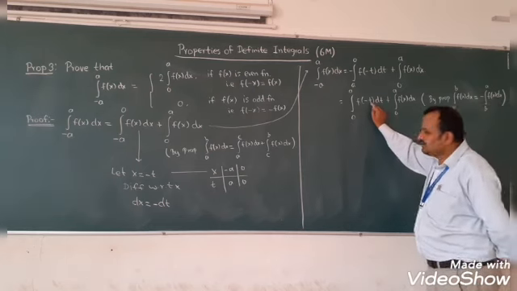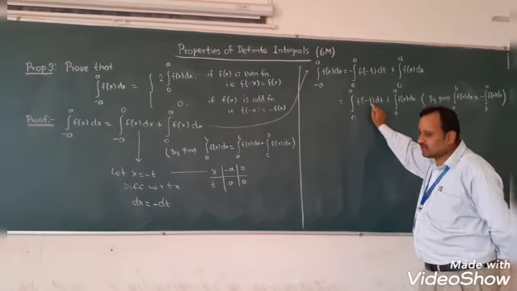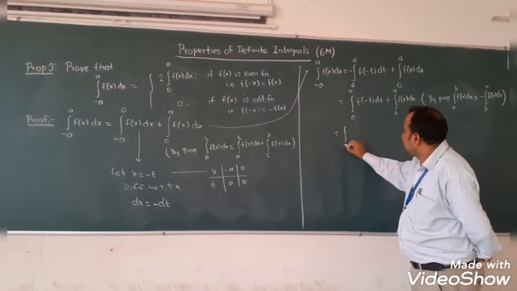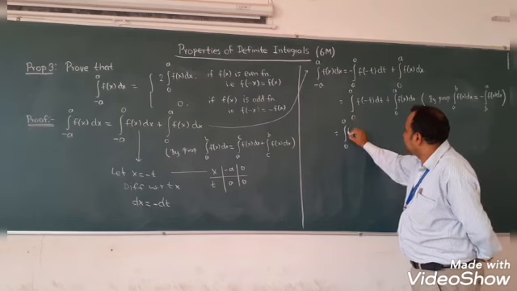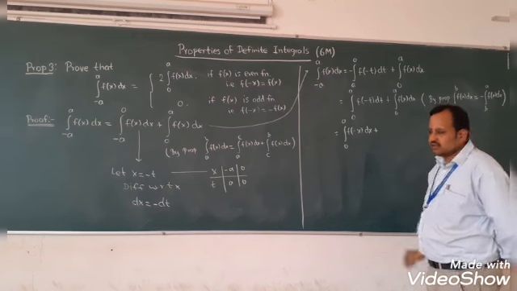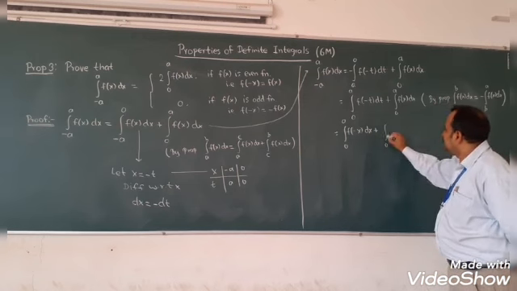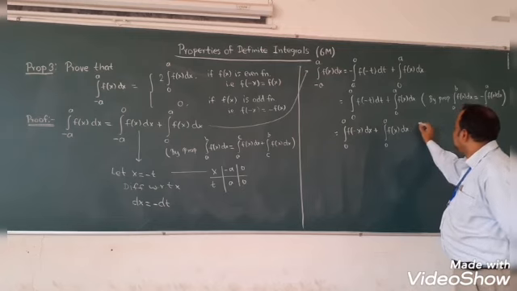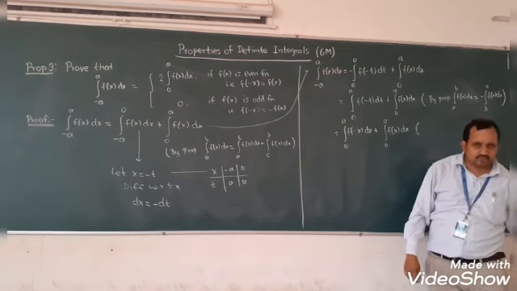Next, in place of t, can we write x or not? So by which property? So this I can say what? So here I can say 0 to a f of minus x dx plus, here I can say 0 to a f of x dx, right? So by which property?